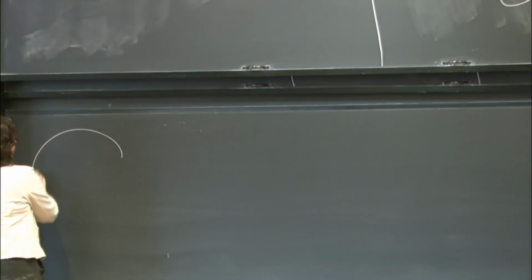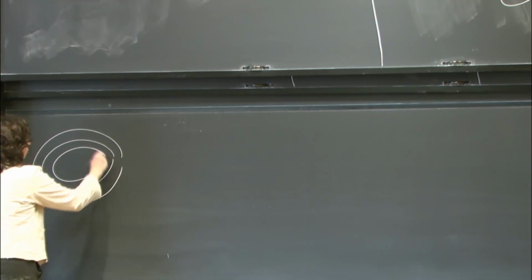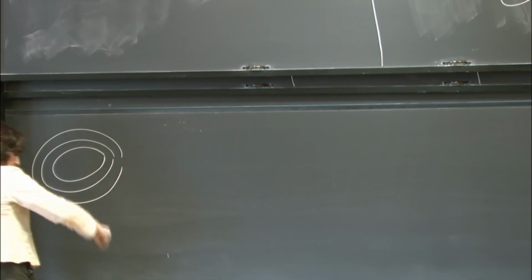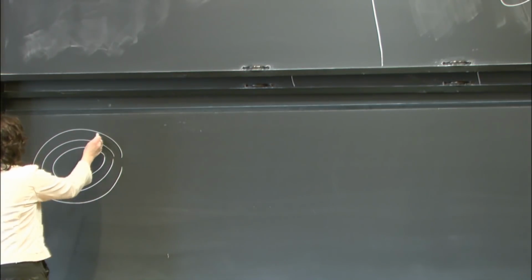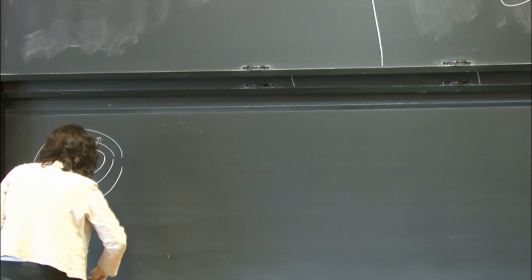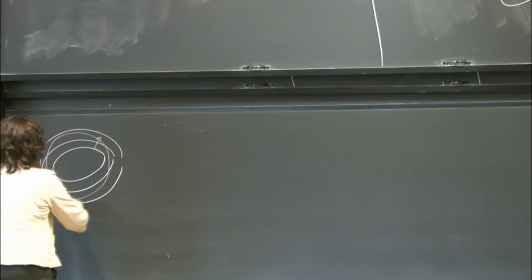So you start contracting a curve. You move forward in a monotone way. Then you stop, and you move backwards, maybe obtaining curves like this, also in a monotone way.